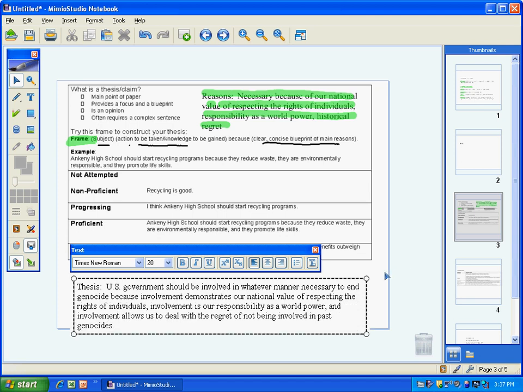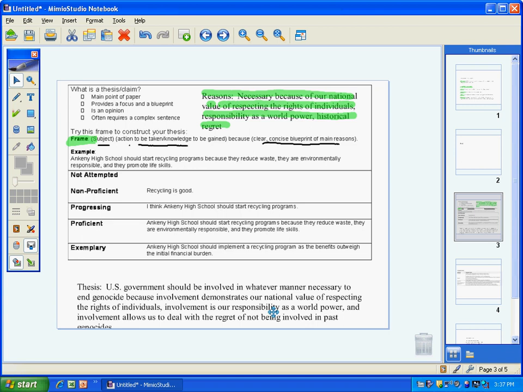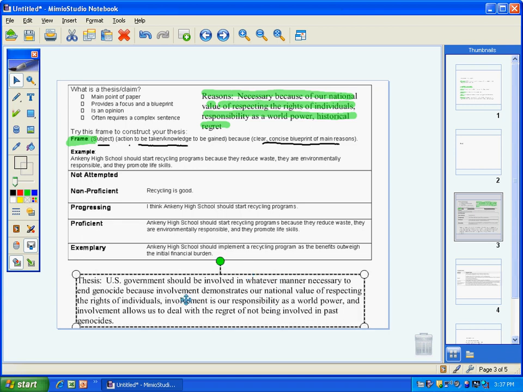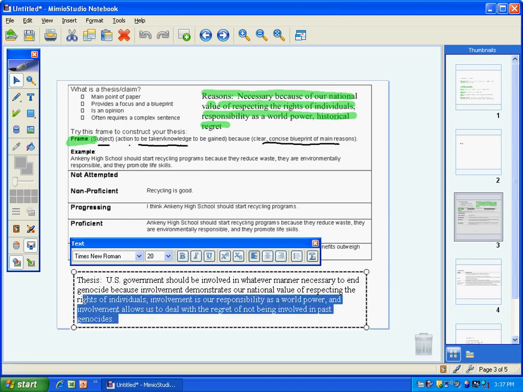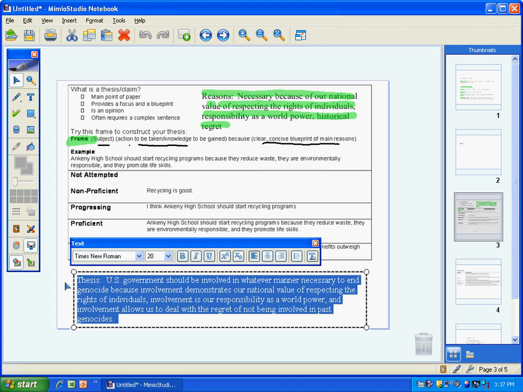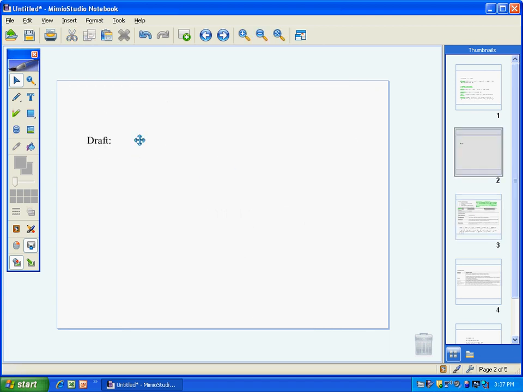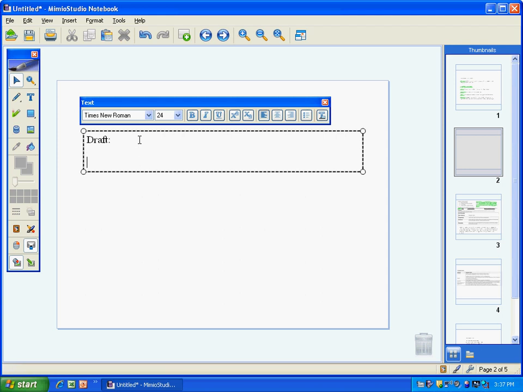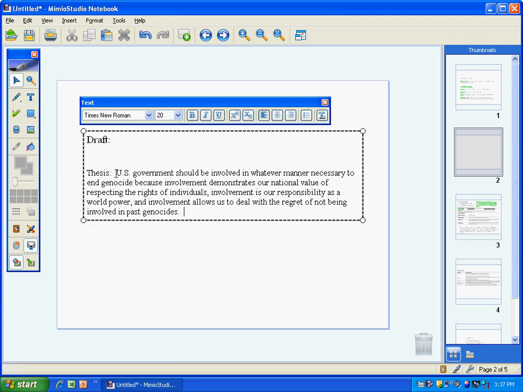And I may eventually want to deal with the redundancy that then occurs due to my use of the word involvement three times, but we'll wait until the revision process for that. So I'm going to take my thesis statement back to the draft page, and I'm going to add it to the end of the draft.